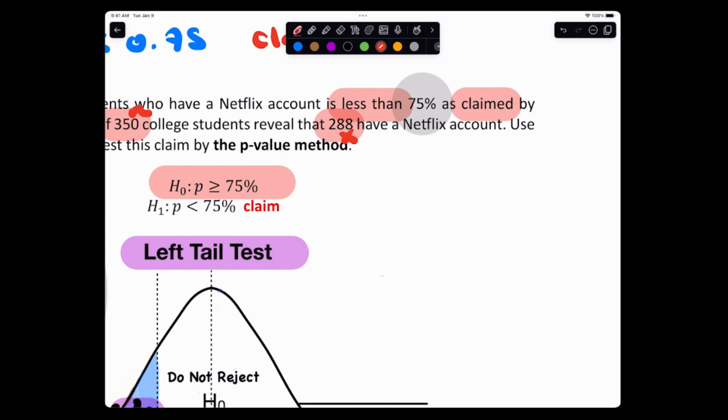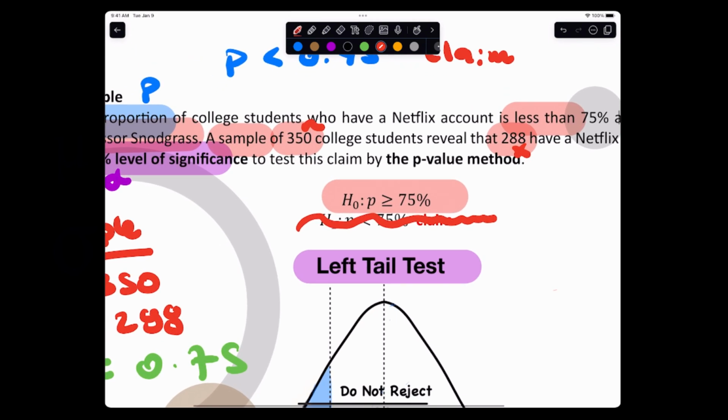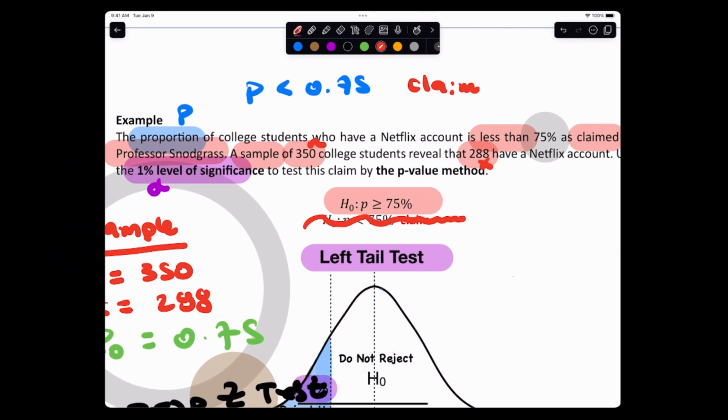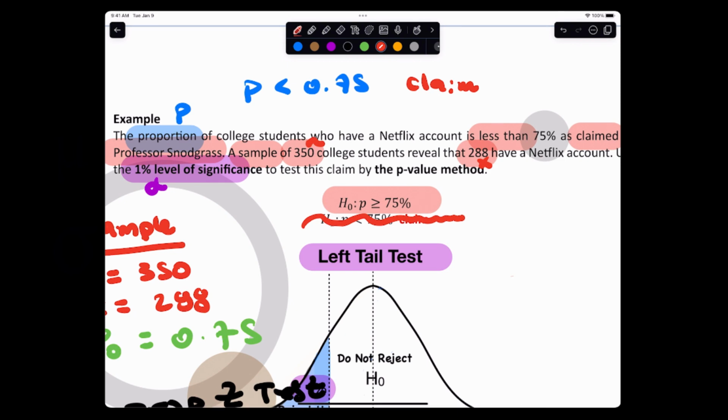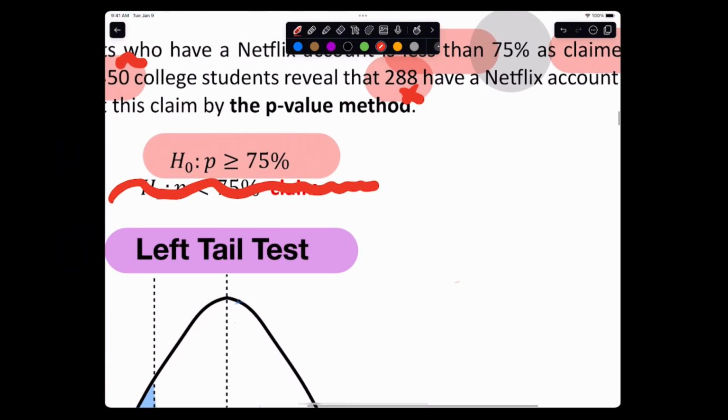So if you're keeping the null, what's going on to the alternate? Your alternate is gone, ladies and gentlemen. When you keep the null, you get rid of that alternate. Where is the claim? The claim is right here. So keeping the null means you got rid of the claim. What do you think that means?